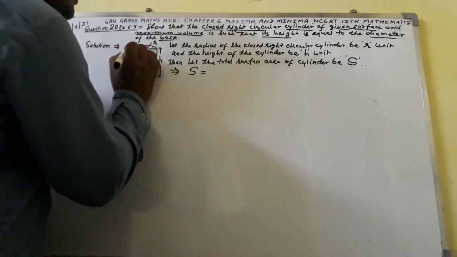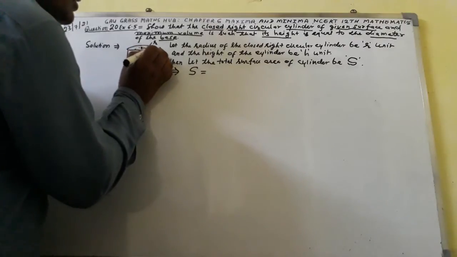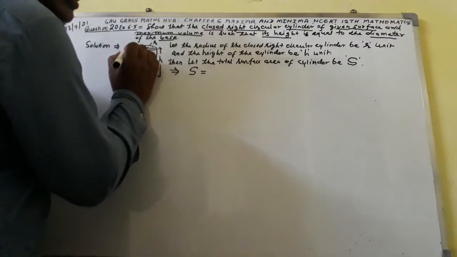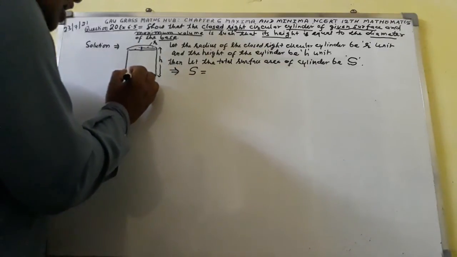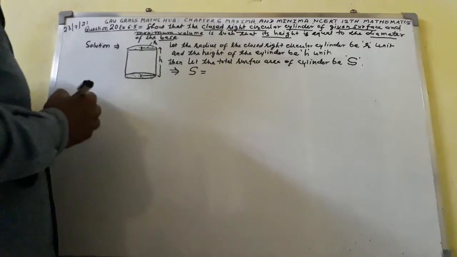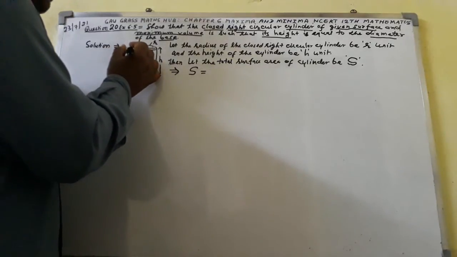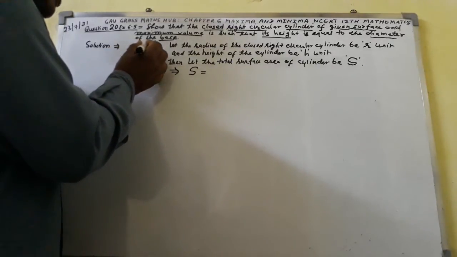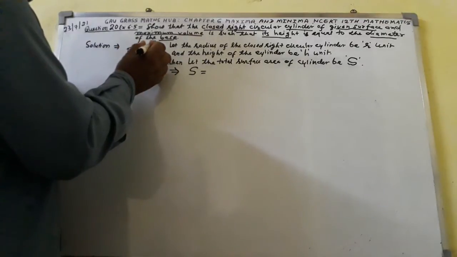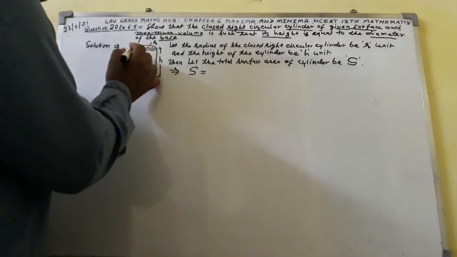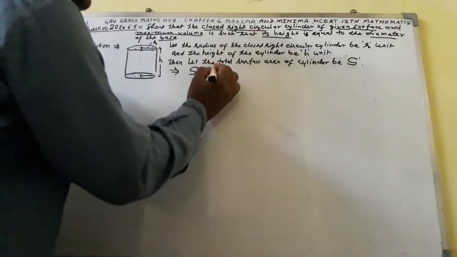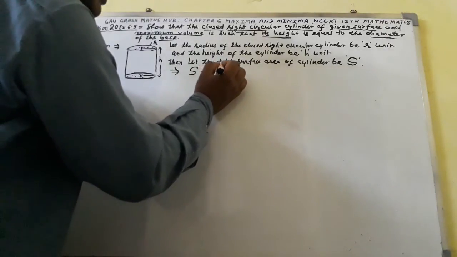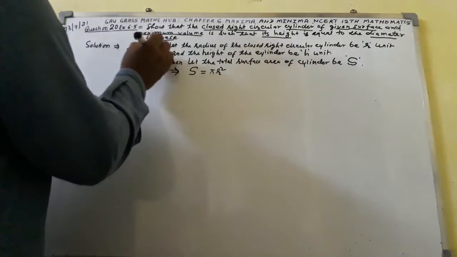You can see this portion is in circular form, and this portion is also in circular form. So first find the area of this portion. The area of the circle will be pi r square. This portion is over.